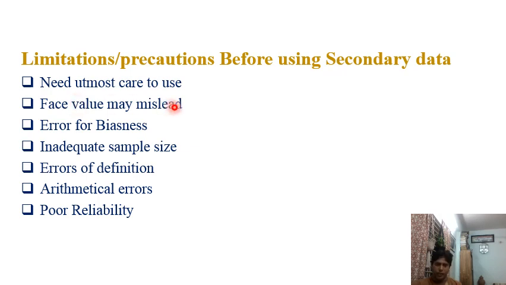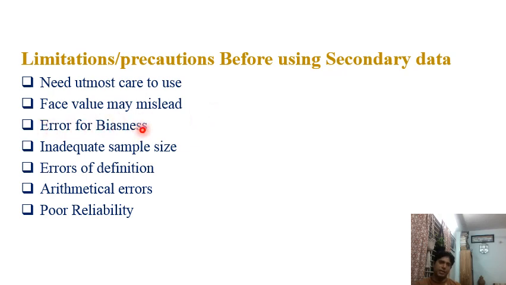The user may use this data only by considering the organization's face value, but it is not always true that the renowned organizations use this data effectively, and for new users, this data may not be essential or may not match their purpose.